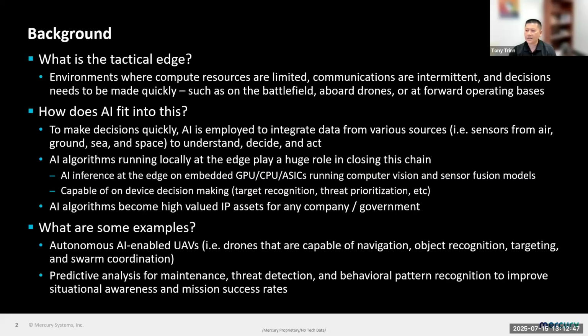Sure. Just to start, I think you hit on it in the introduction. It's about closing the loop on the chain from when information is gathered to when it's acted on. In the traditional model, in the case of a drone, you've got a person in a command center operating that drone remotely.